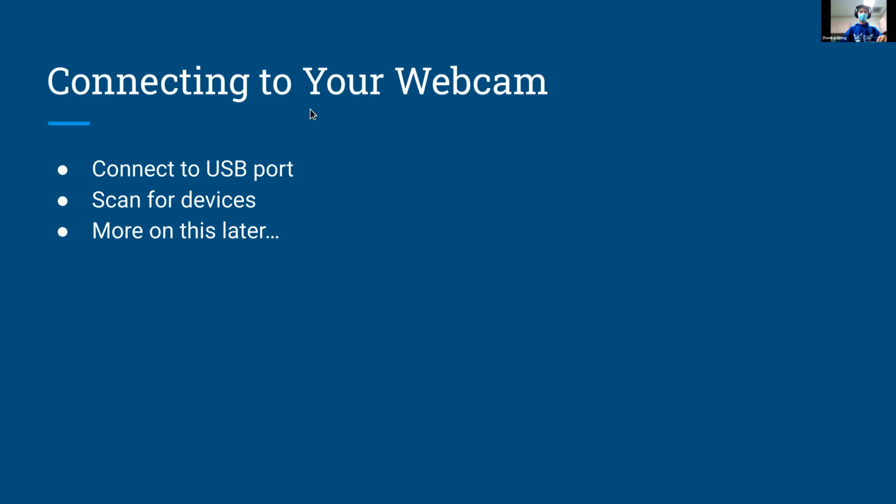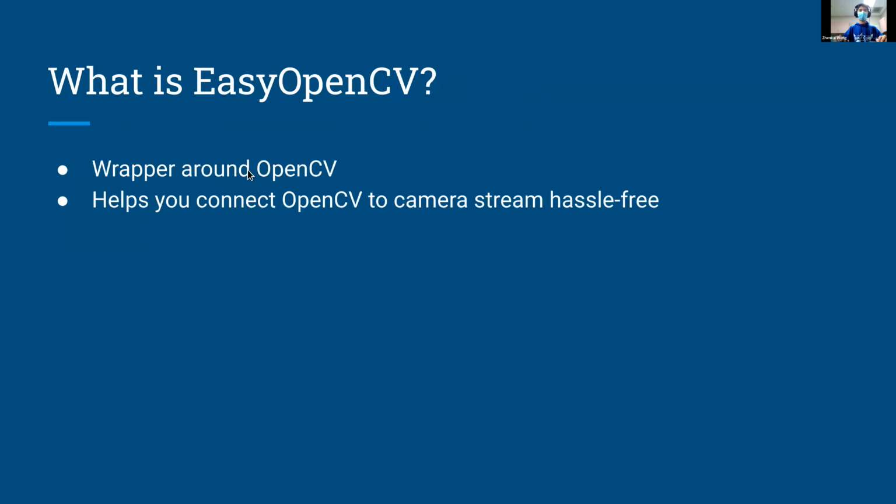If you use a webcam, you can just connect it to the USB port of your robot controller, and on your driver station, configure the robot, edit the specific config that you're using, and then scan for new devices. And the webcam should show up, and it'll be named by default Webcam 1 with the W capitalized. More on this later when we actually code the algorithm.